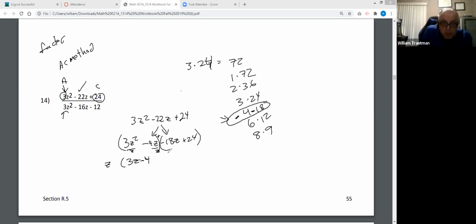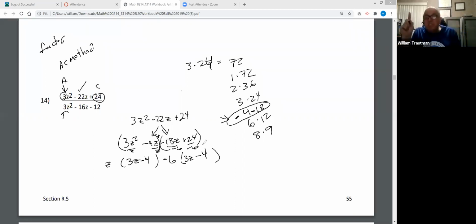If I divide both by z, I get 3z minus 4. On this one, don't forget, the third term's negative, so you have to factor out a negative, and they both divide by 6. So I'm going to divide them both by negative 6. Negative 18 divided by negative 6 is a positive 3z. 24 divided by negative 6 is a negative 4.